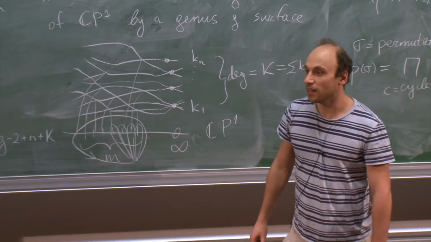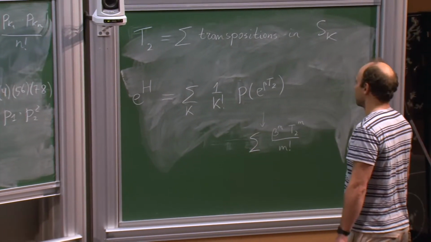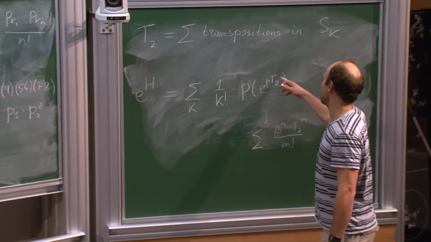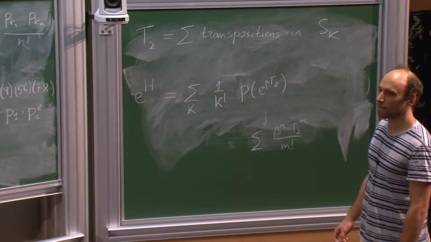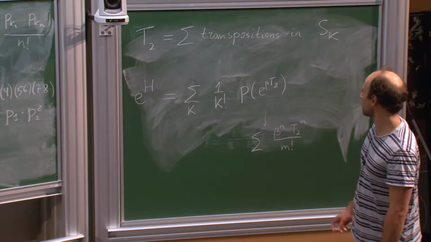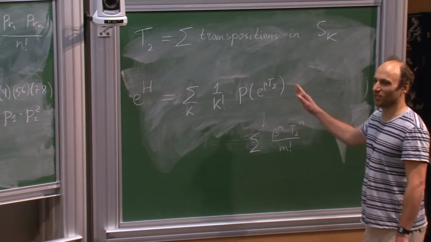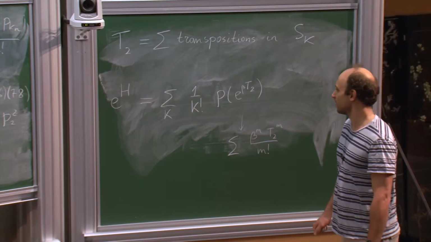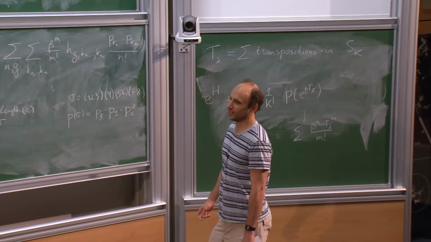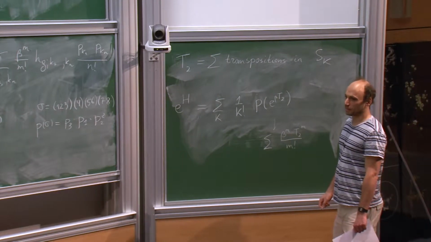Yes? The notation is actually not really good. You see, this T2 depends on K, it's in the group ring of the symmetric group S_K. Yes. But for every K, you mean? No, because in 1 over K factorial, then something which doesn't depend on K. You should maybe put K in some kind of parenthesis, here you mean, in T2? Yes. But it's actually better this way. It's a universal thing. P of sigma is well defined for any size of sigma. You're right, T2 should actually be in the direct sum of group rings of all symmetric groups.